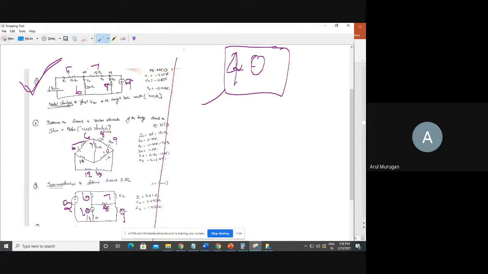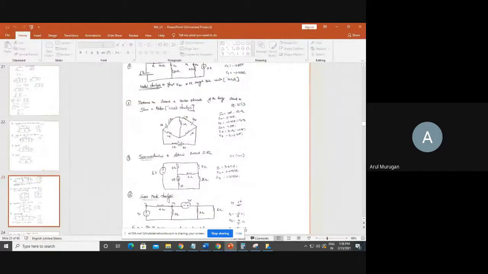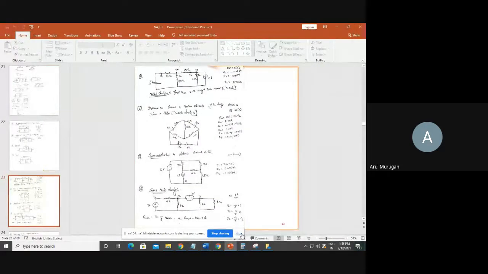So before you come, this is about your 4 problems. If you have not taken the screenshot, you can take it now. I hope I have made you understand. If your roll number is 20, then write from here onwards: 20, 21, 22, 23, 24, 25, 26, 27, 28. Wherever you write, start with 20.